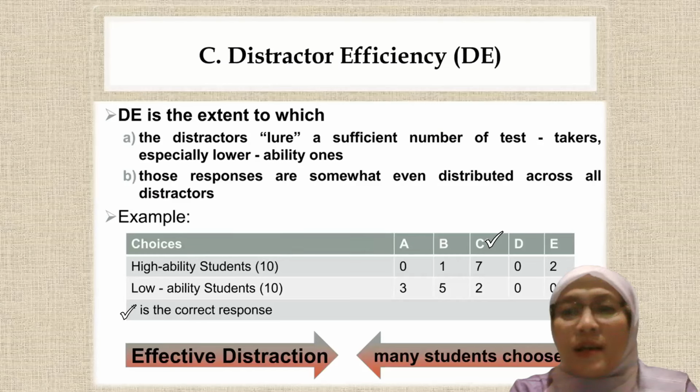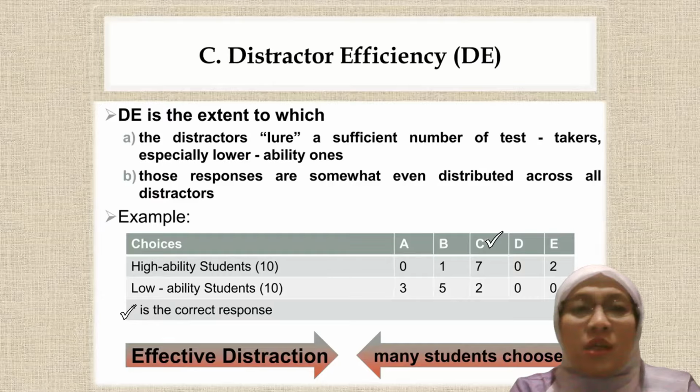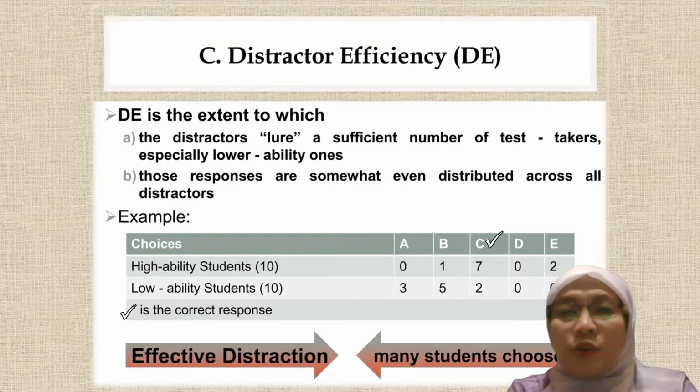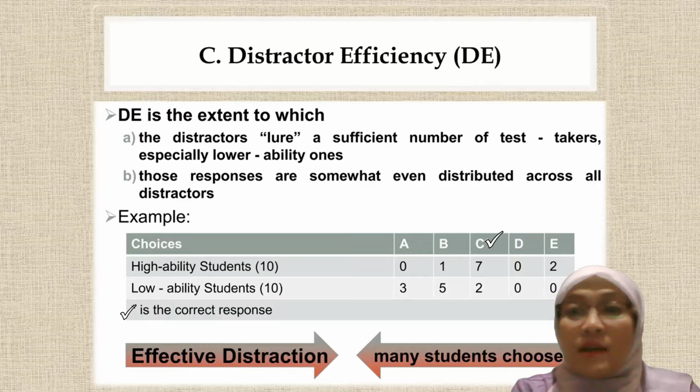Jadi bisa menggoda students, terutama yang kemampuannya kurang, memilih jawaban tersebut. And B, those responses are somewhat evenly distributed across all distractors. Dan masing-masing pilihan itu kemampuan distraksinya hampir sama.